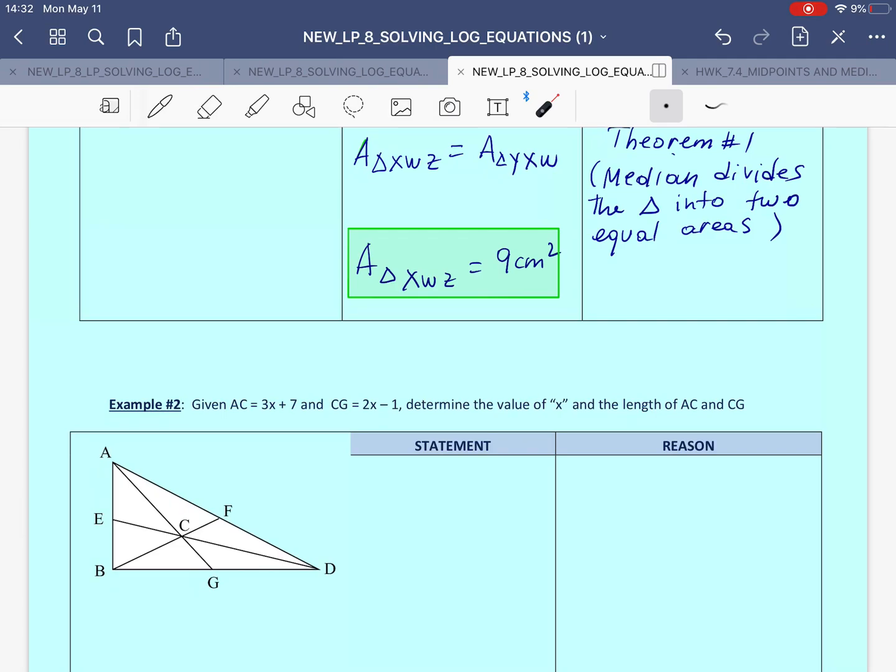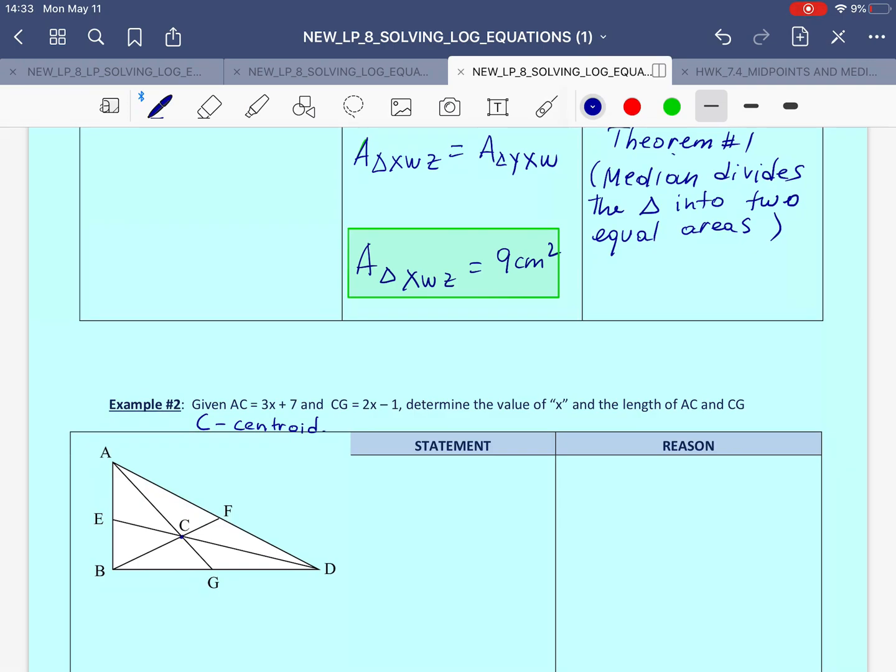So in this triangle, we have AC given as 3x plus 7. So this is AC, is 3x plus 7. And CG is 2x minus 1. So CG is 2x minus 1. And C is the centroid of the triangle. I'm sorry, I'm going to add this. That was given in the problem.